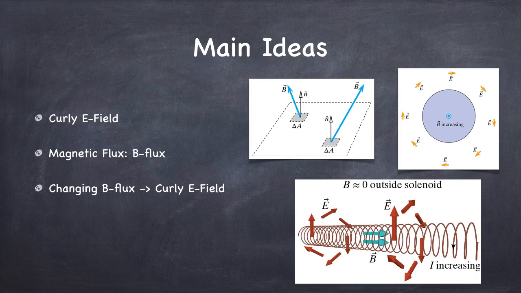You can have a constant magnetic field, but a changing area or a changing normal, and get a changing flux without having the magnetic field change. And in those cases, the easiest way to get the direction of the electric field identified correctly is to use something called Lenz's rule, which we'll get to here in a minute.